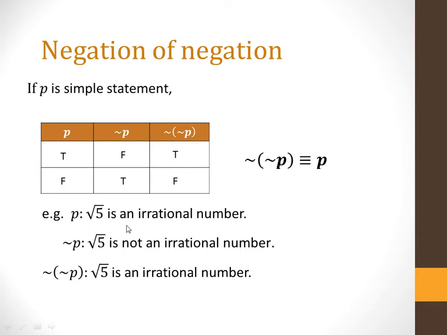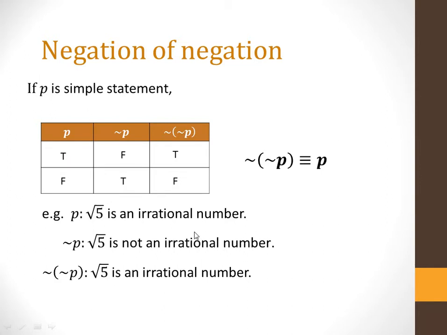While taking the negation of a simple statement, either we have to insert not in that or we have to remove the not. So in this case, first of all we insert not here and then again we remove that not. So that's why we get this logical equivalence. That is called negation of negation.